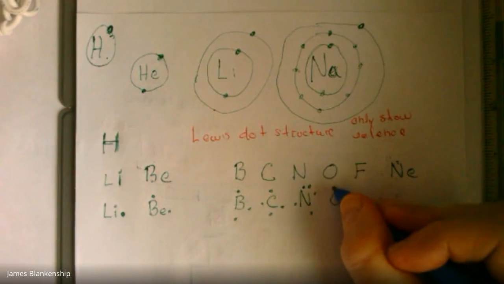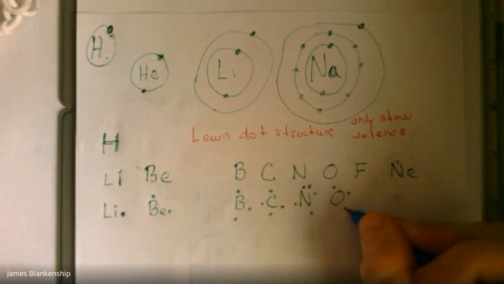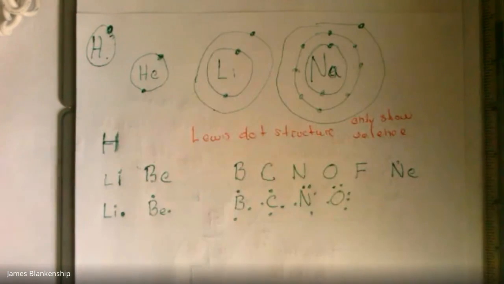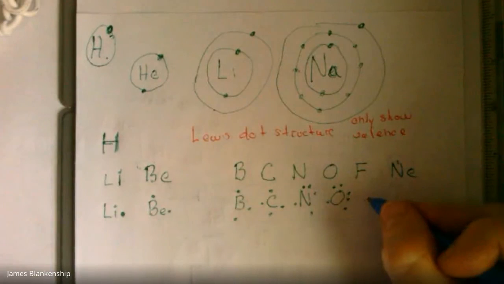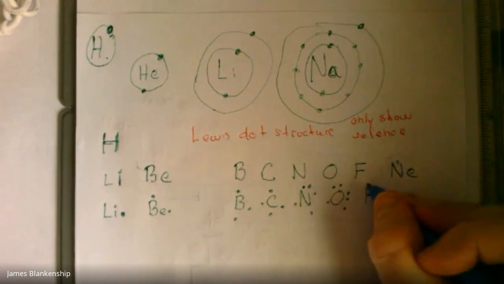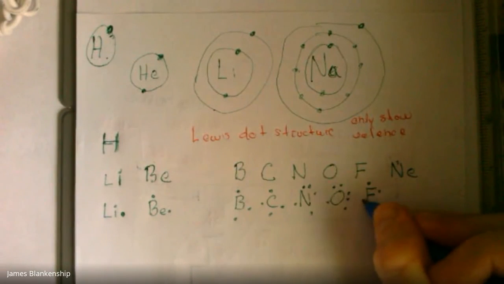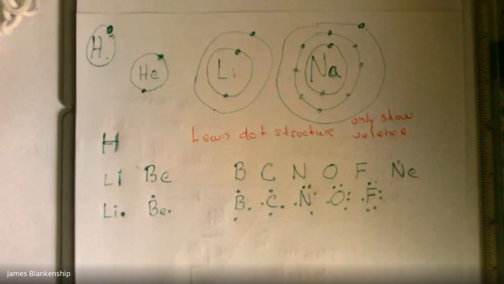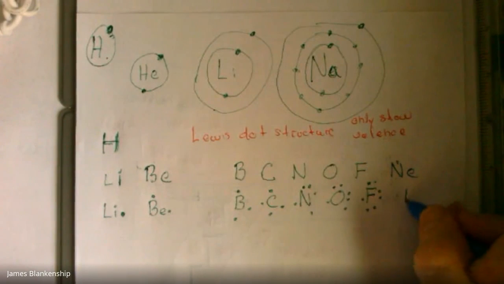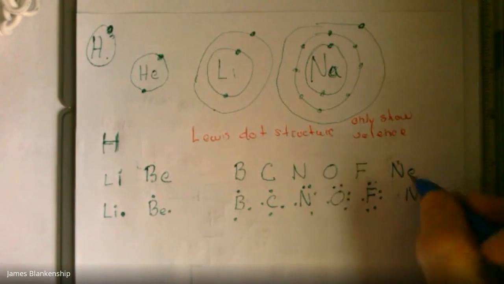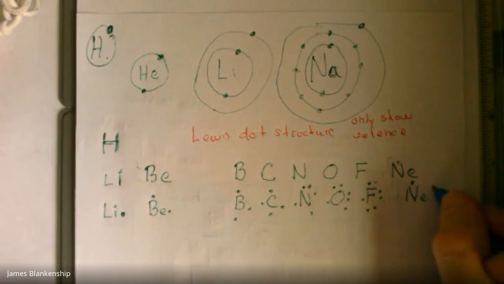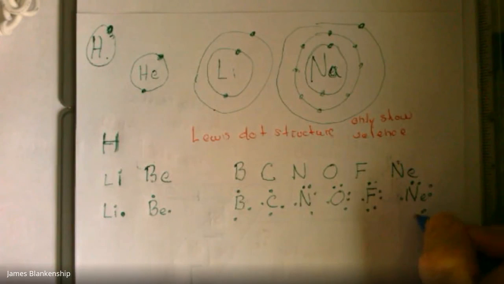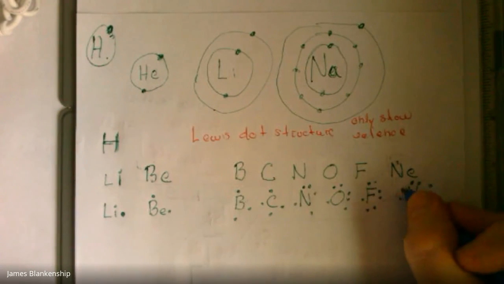Oxygen has 6: 1, 2, 3, 4, then sit next to the guy on the bus. And then fluorine has 7, so that's 1, 2, 3, 4, 5, 6, 7. Our last one, neon, has 8: 1, 2, 3, 4, 5, 6, 7, 8.